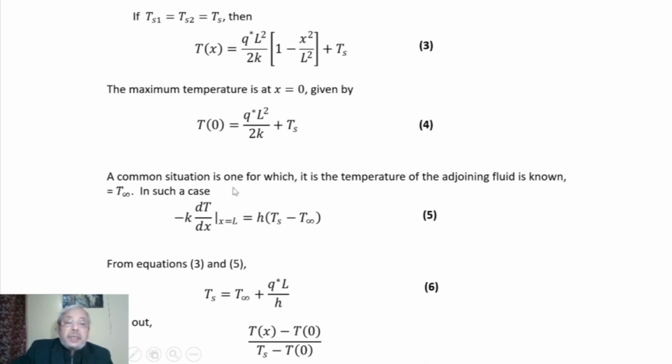A common situation is one for which the temperature of the adjoining fluid is known. We have already mentioned it, that is T infinity. In such a case, from the temperature distribution, if we find the temperature derivative, minus k dT/dx at x equal to L will be equal to h into (Ts minus T infinity).